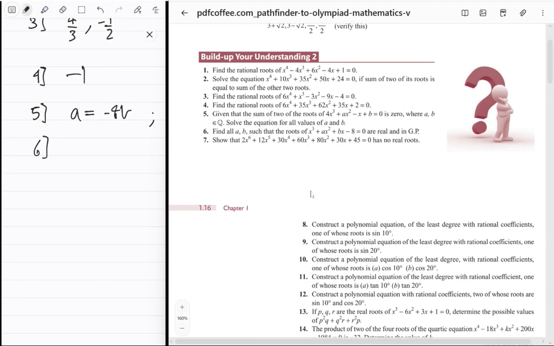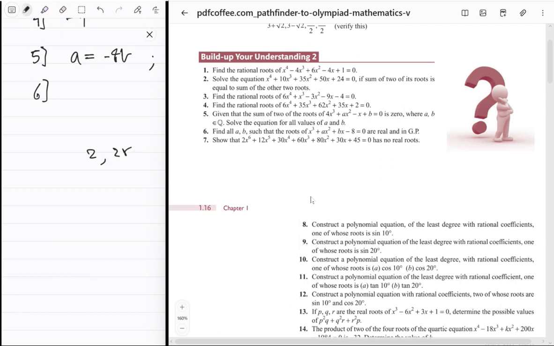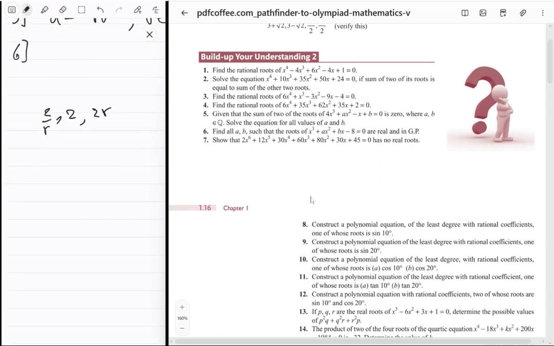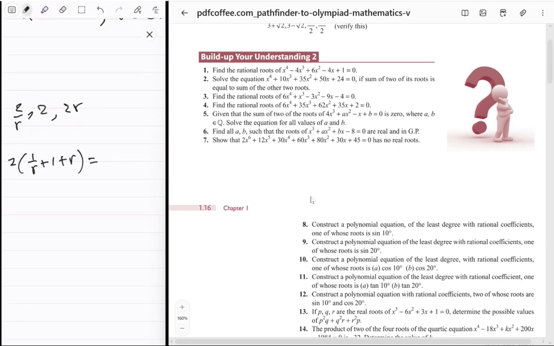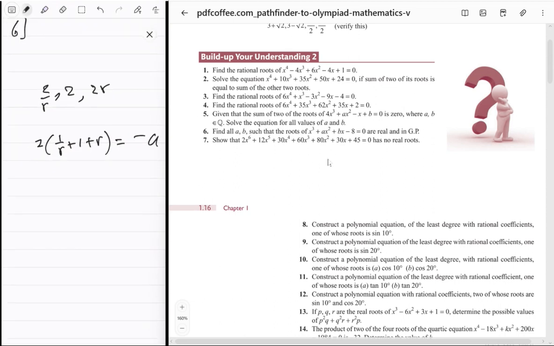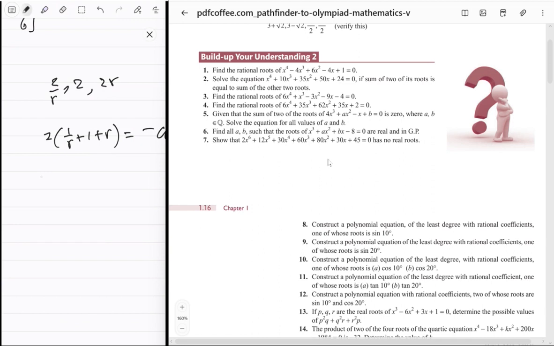How do we even know the other roots? We don't, unfortunately. Okay, one of the roots is 2. The other roots might just be 2 times r and 2 upon r. So you've got 2 times of 1 upon r plus 1 plus r. The sum is equal to negative 8, right? And wow, that's weird.